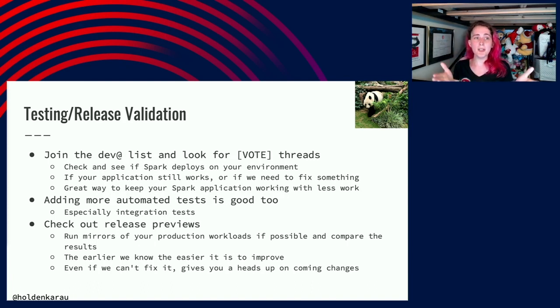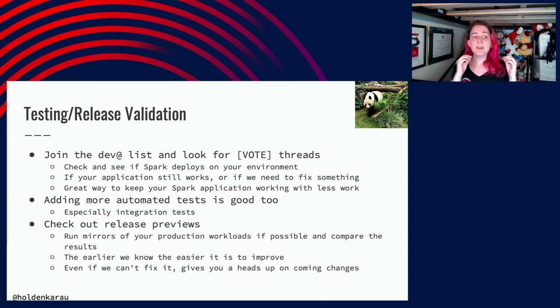And what you can do here as a Spark user is take this proposed release and see if your job works on it, or see if it works in your environment. And if it doesn't, let people know, right? Spark is deployed in so many different kinds of systems. It's impossible for us to have complete test coverage that's going to catch all of these bugs.